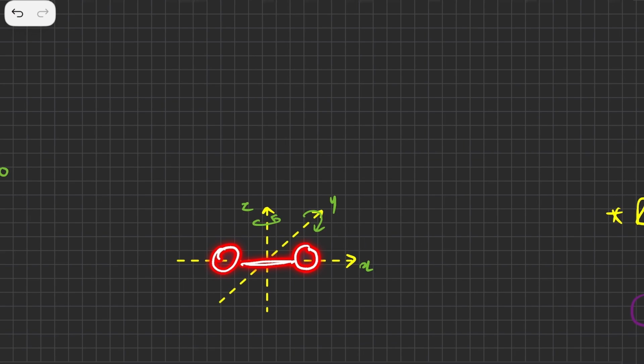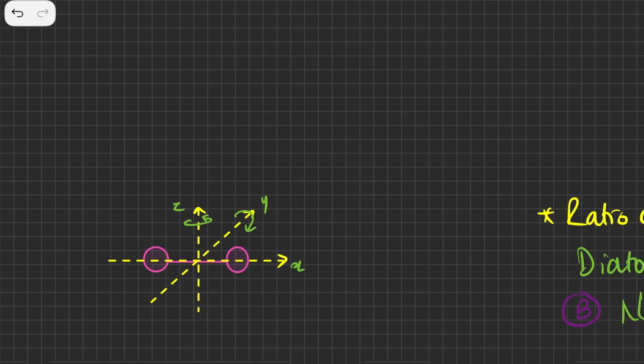In the previous video it was a rigid molecule, so it was not vibrating. But in today's lecture, we are going to discuss a molecule that has a spring-like effect between the atoms. So this molecule can vibrate like this. This thing was absent in the previous case when we did the rigid rotator.